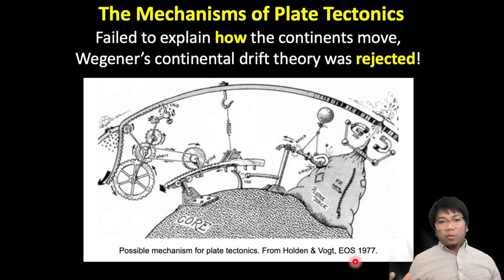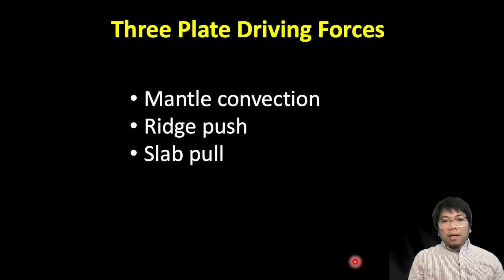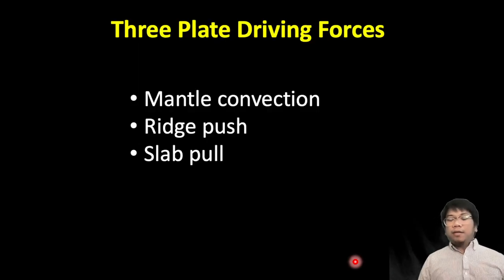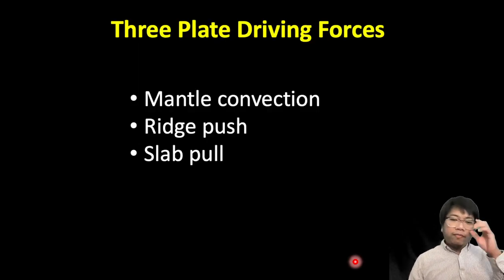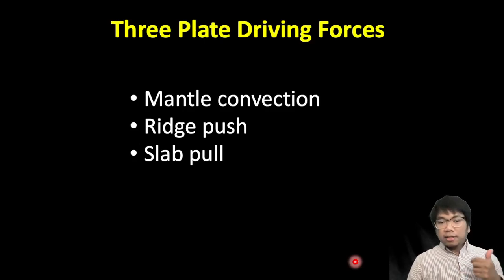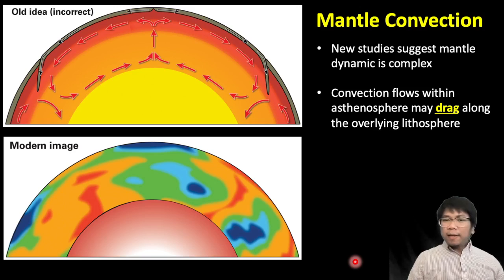So in modern science, we should be able to address that concern. There are three plate driving forces that we know. The first one is called mantle convection, the second one is ridge push, and the third one is slab pull. Let's talk about mantle convection first.